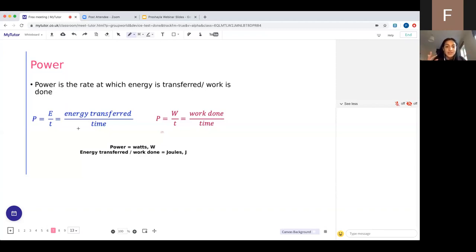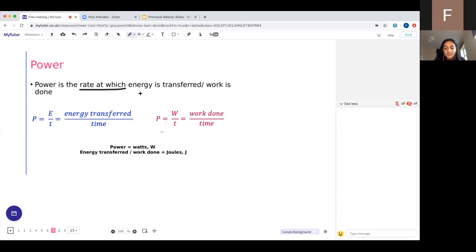It's taking a quantity and dividing it by time so that we can see how that quantity changes in a certain period of time. Okay, so the rate at which something is done is putting it over time, so dividing it by time. That will come up a lot in GCSE and certainly in A level, so it is something that is useful to remember. Rate just means something over time.